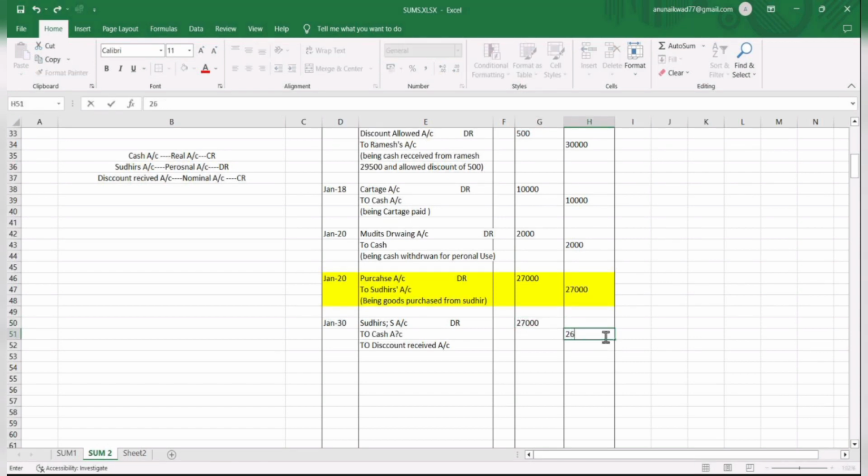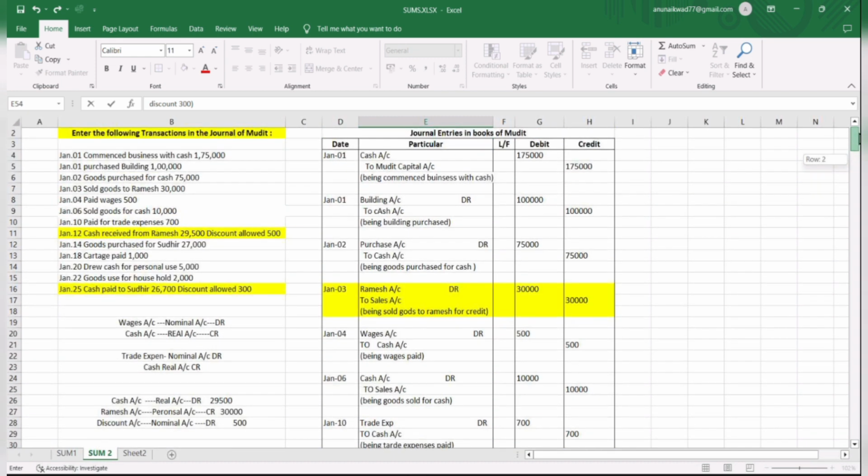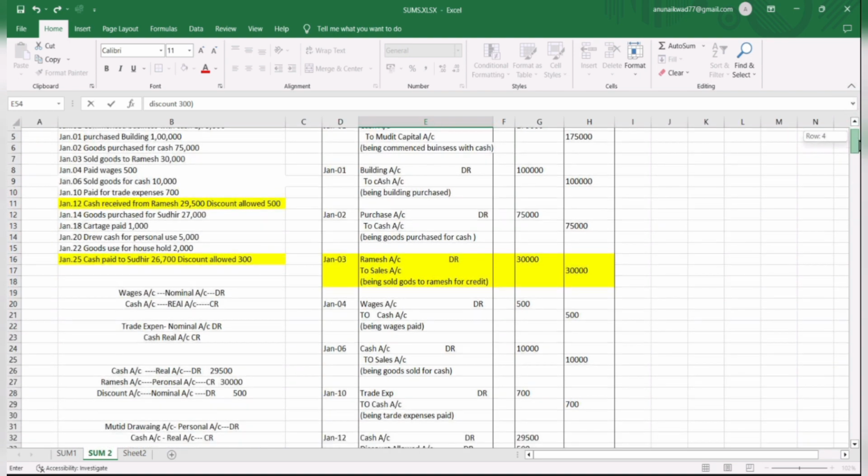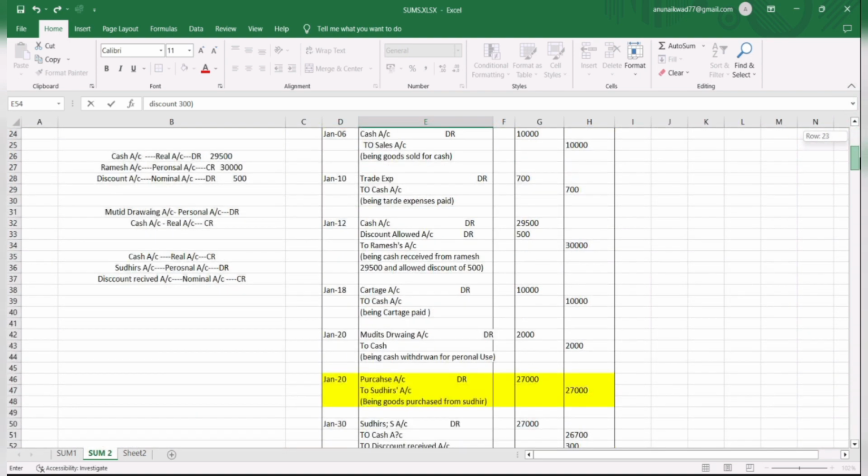How much did we pay? 26,700. 300 discount we are getting. So it will be, being cash paid to Sudhir, discount received 300. So in this sum we came across two important transactions where we settled the account and understood how discount is to be recorded.